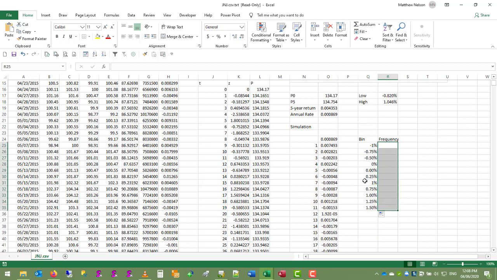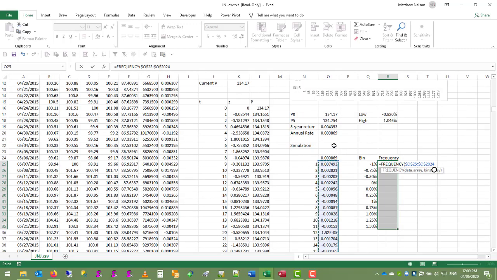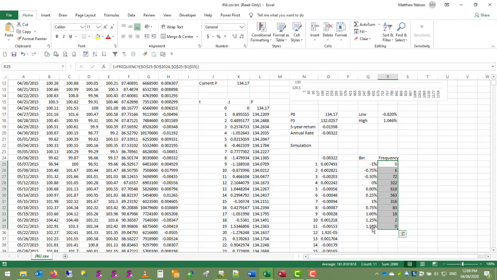To make a histogram, highlight the cells to the right of the bins, make sure it's completely highlighted and the active cell is on top. Then we'll enter the frequency function. The data array are the data points from our simulation. Press F4 to lock that down. And the bins are to the left. And the crucial thing here is to press Control-Shift-Enter. And that gets us a histogram.